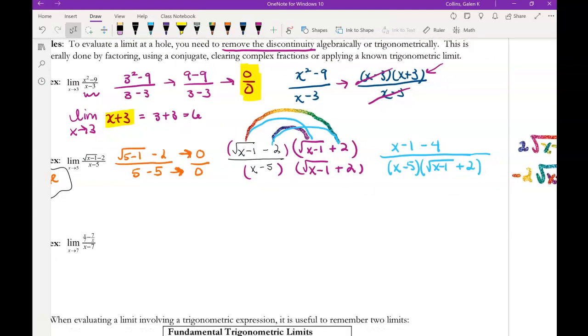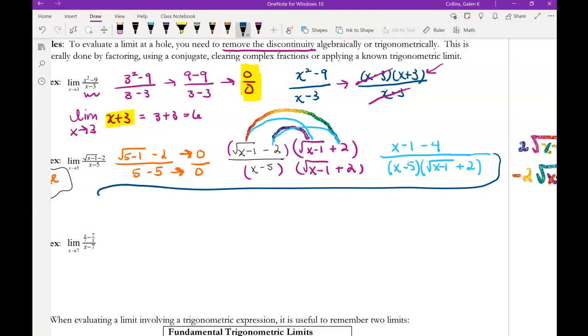And you might have noticed that our numerator is going to become x minus 5 now. So I'm running out of room. I'm just going to come over here. So when I clean up that numerator, x minus 1 minus 4 is x minus 5. My denominator is x minus 5 times the square root of x minus 1, all of that plus 2. Make sure our fraction bar goes all the way over our denominator.